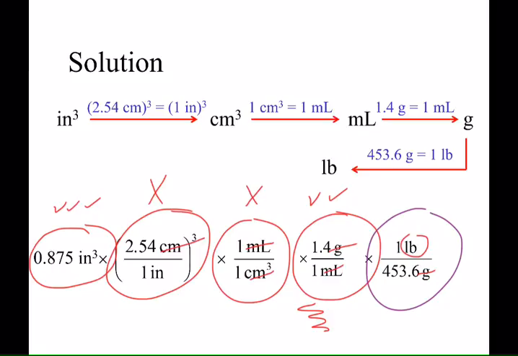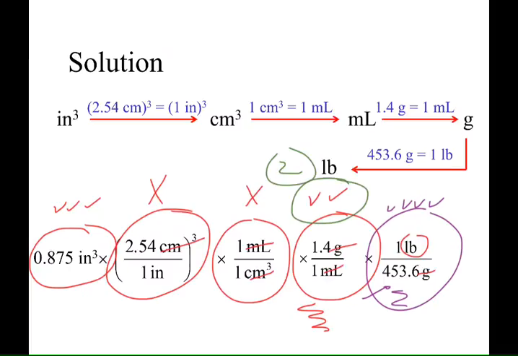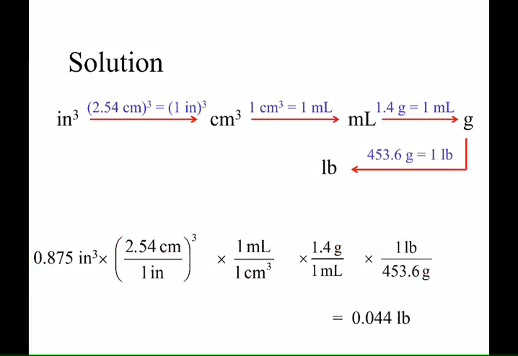Yes, the 1 pound is approximately equal to 453.6 grams. So we have maybe 4 sig figs in this term down here. So what's our fewest? Our fewest is 2. So we're actually only allowed 2 significant figures. To show 2 significant figures, notice that this 0 is not significant. So actually 0.044 is the right answer.